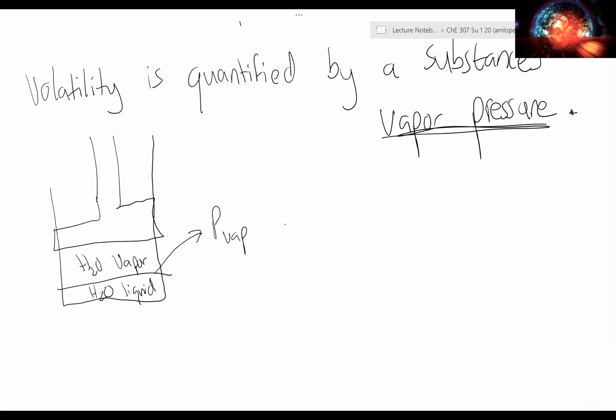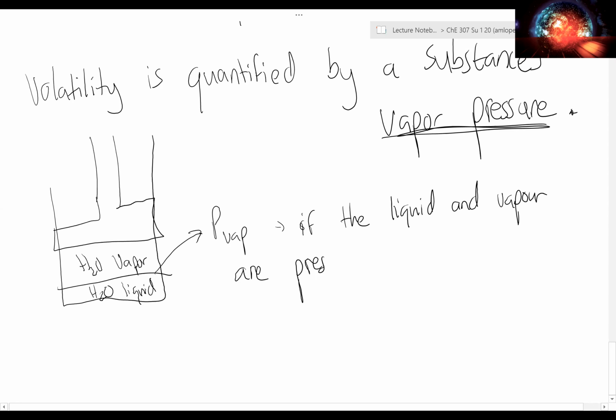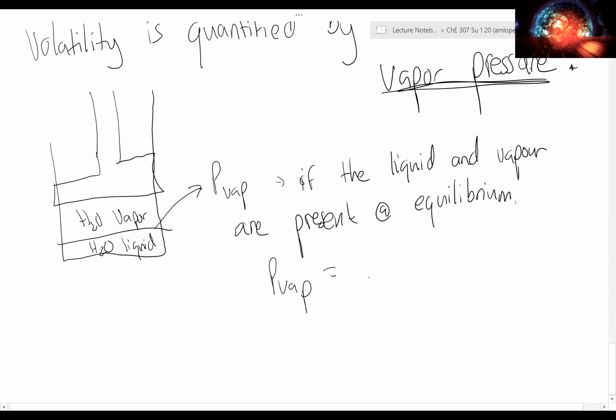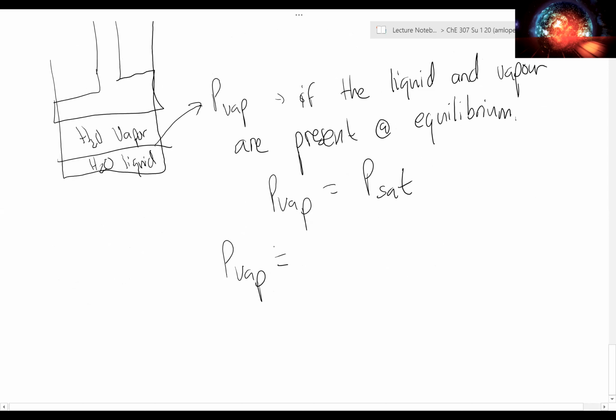And if the liquid and vapor are present at equilibrium, that vapor pressure is equal to that saturation pressure. And so you're looking at a saturation point. And if your vapor pressure isn't the saturation pressure, then you are not at equilibrium.